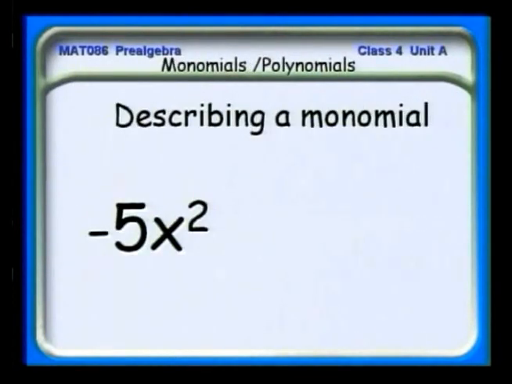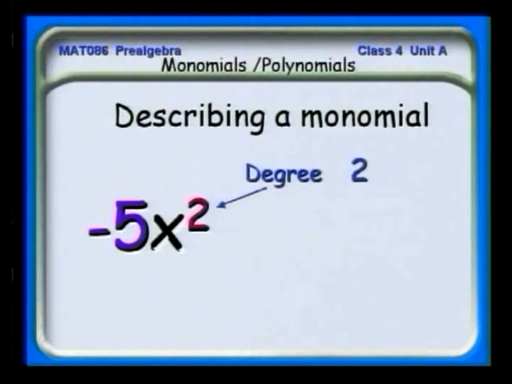Next, let's look at some of the vocabulary that we use dealing with monomials and polynomials. We look at the x raised to a power, and when we're specifying monomials or polynomials, we call the power that any term within a monomial or polynomial is raised to the degree.